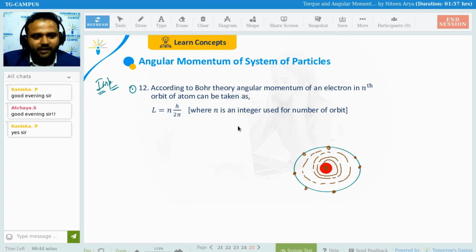Then Bohr, another scientist, gave the suggestion that electrons cannot revolve in just any orbit. They have fixed orbits, and the fixed orbits are related to this concept.